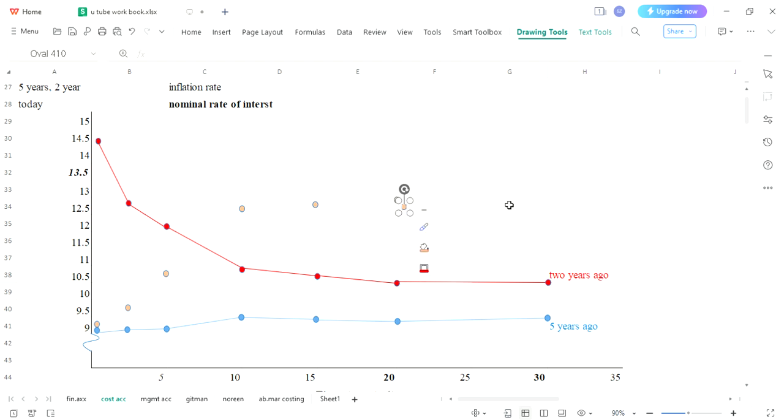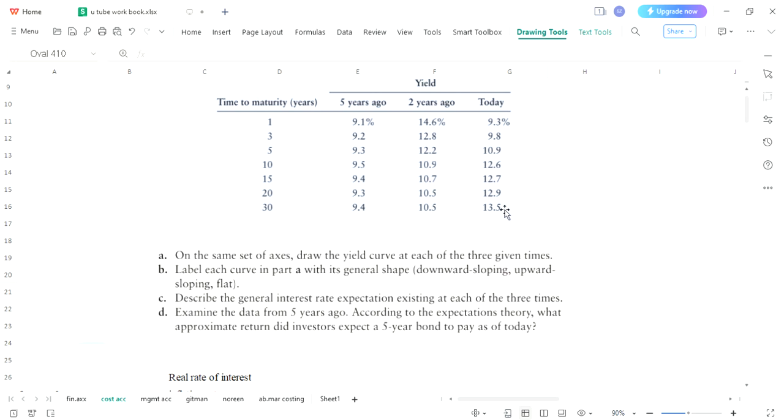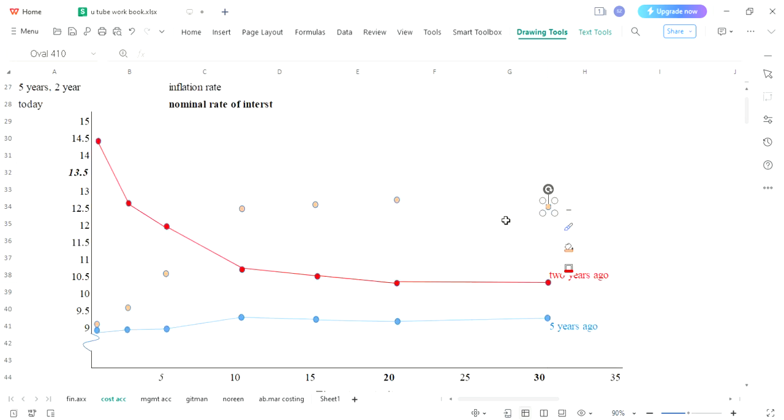After 20 years we will go to 30 years ago. 30 years ago we had the rate 13.5. For 13.5 we will go up, and exactly at this place we have got our last point.